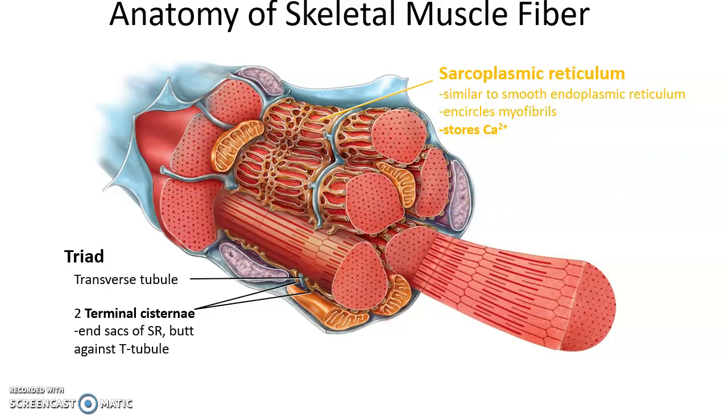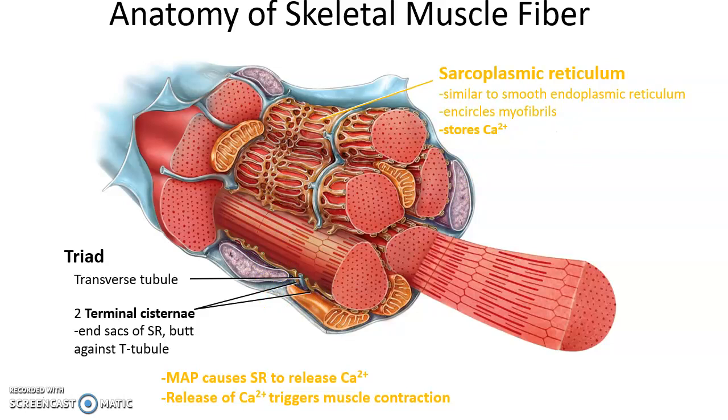As you can see, the way it is arranged is it goes between adjacent transverse tubules. So you get a structure referred to as a triad, where you have the terminal ends, the terminal cisternae, of two sarcoplasmic reticulum next to a transverse tubule. So that is the triad.